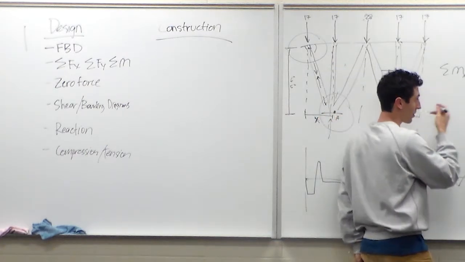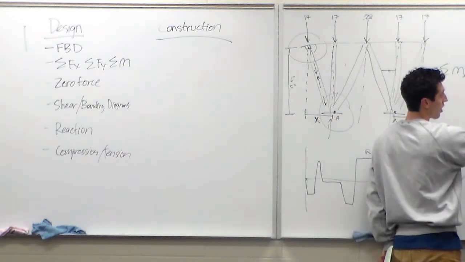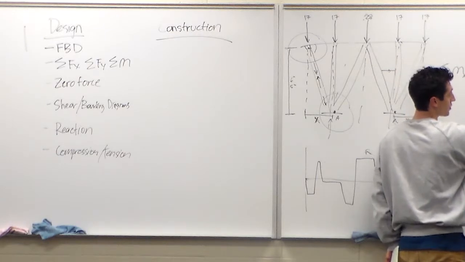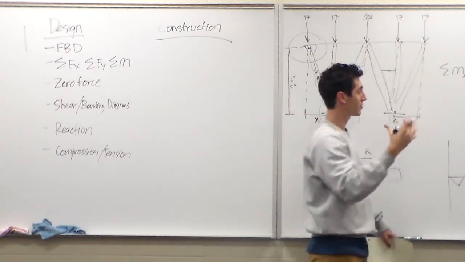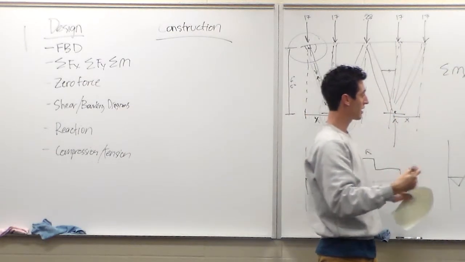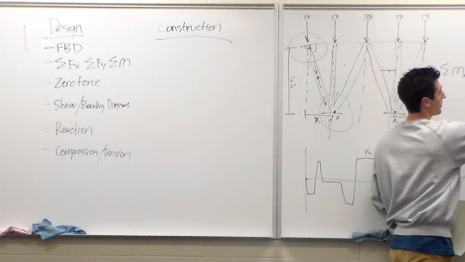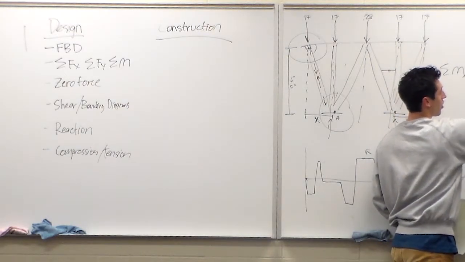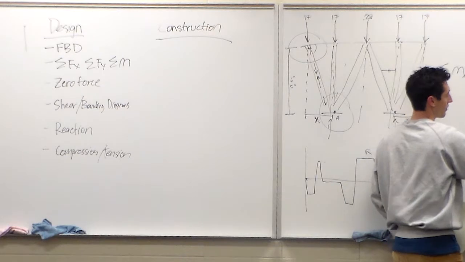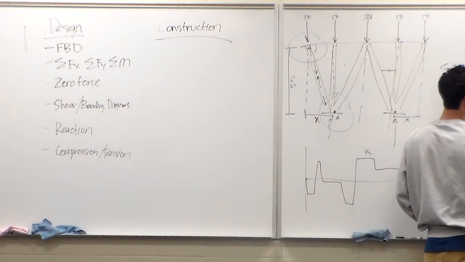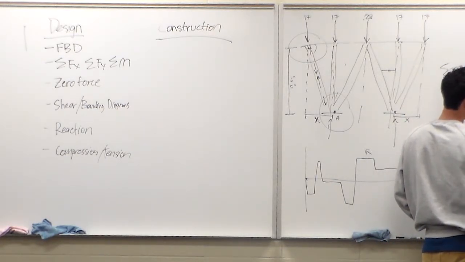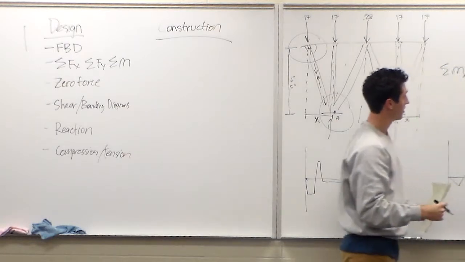Now, remember, you'll learn that I-beams are more efficient, which means you're using less material, but you can get almost the same kind of strength. So you have to decide as the engineer, what kind of efficiency do we want? Weight versus strength.